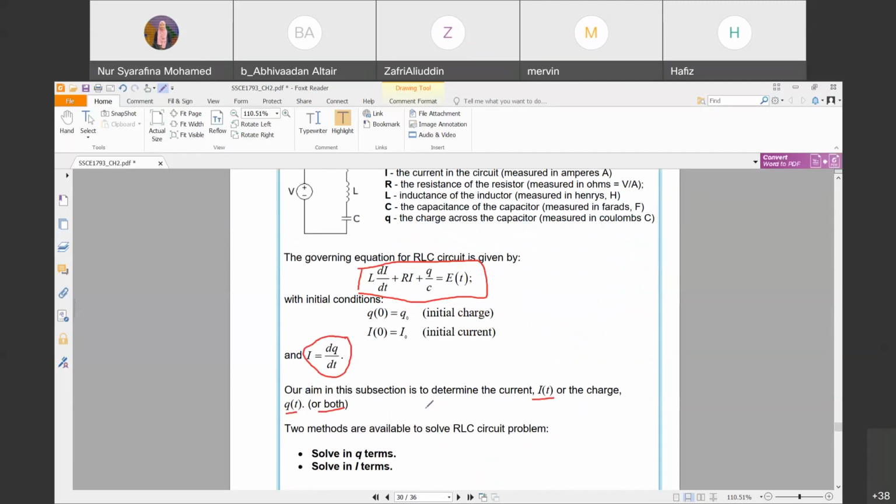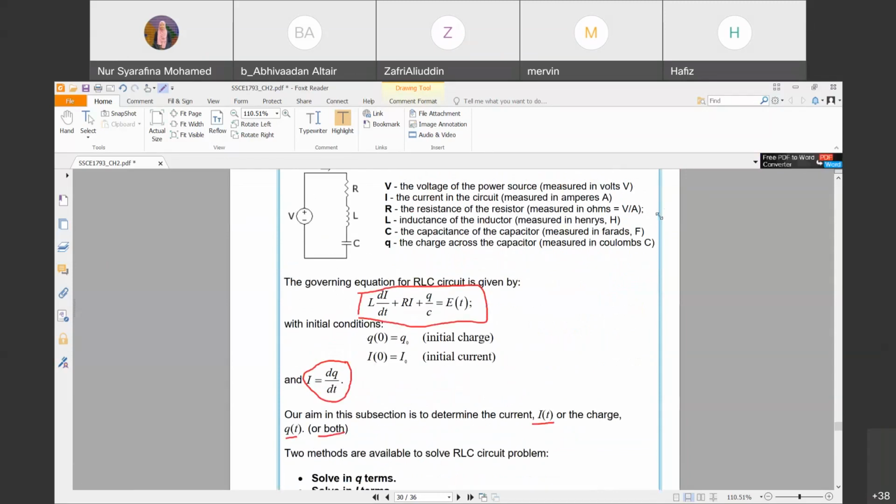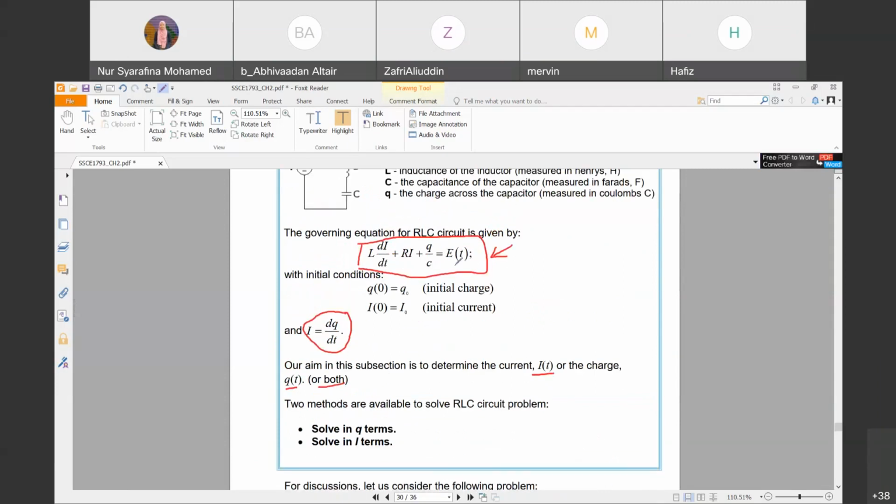First, solve in Q. Second, solve in I. If you want to solve in I, you use I as dQ/dt, and solving I involves a first order equation, which is just linear. To solve in Q, where I equals dQ/dt, then dI/dt is d squared Q/dt squared, so you need to solve a second order equation.